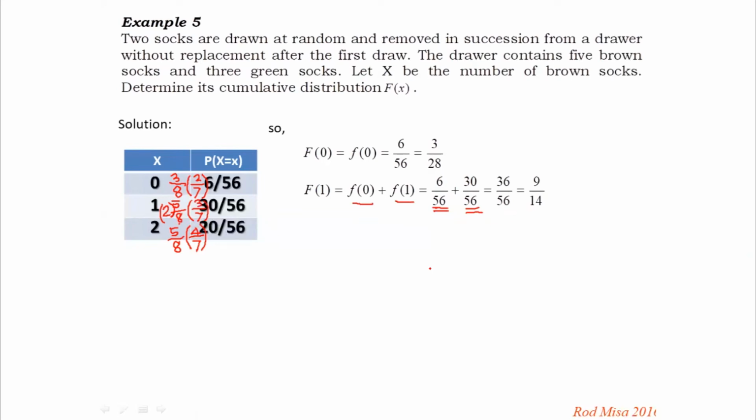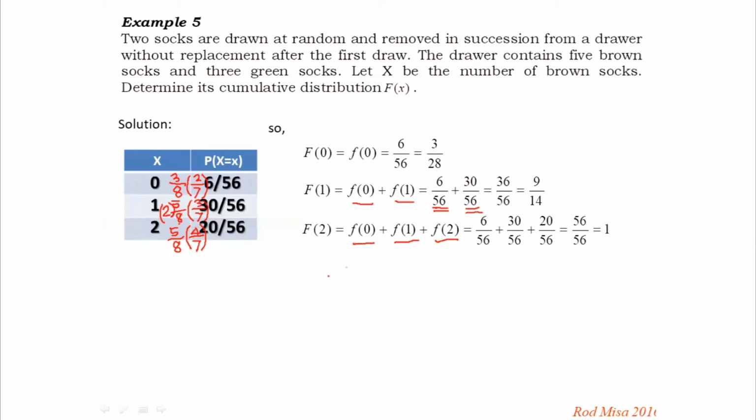But for the big F of 2, this is the sum of all the probabilities for the random variable starting from 2 down to the least value of the random variable, which is 0. So this is equal to the small f of 2 plus the small f of 1 plus the small f of 0.